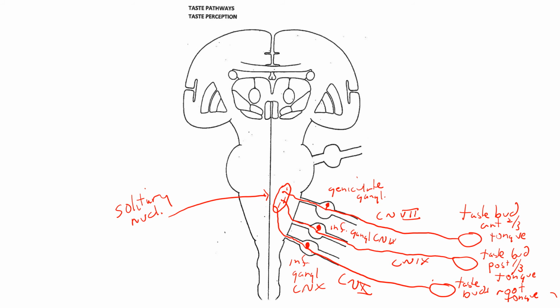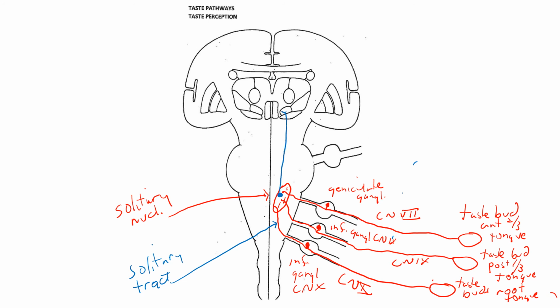All of these nerve fibers are going to be passing through the solitary tract to get to the solitary nucleus. From there, I'm going to have neurons that are going to come out of the solitary nucleus.